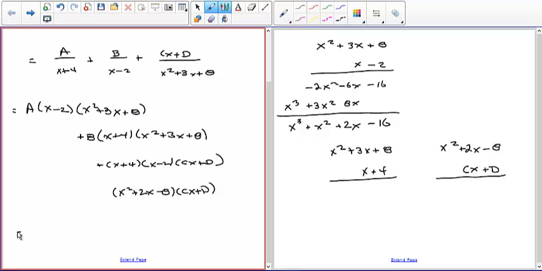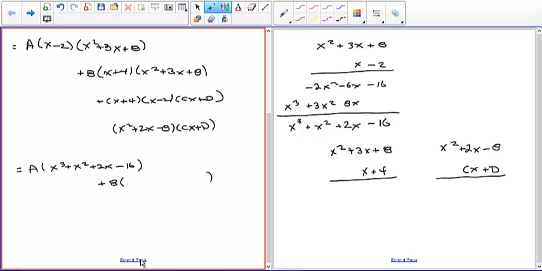And so ultimately you'd end up with A times, I'll do the first one for you, you can do the rest of them. So you'd have A times x cubed plus x squared plus 2x minus 16. And then you'd have B times the next thing, whatever you get when you multiply that thing out.